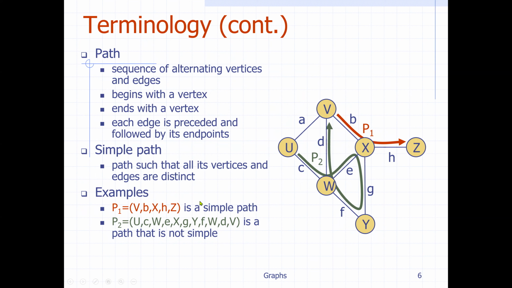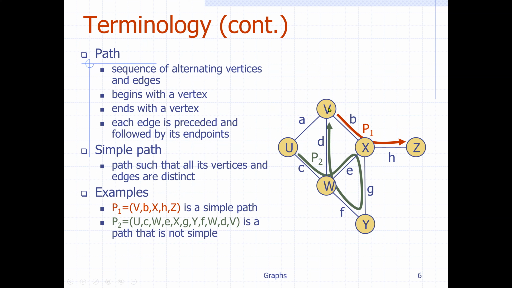So the next terminology is what is a path. A path is normally a sequence of alternating vertices and edges. A path will begin with one vertex and end at another vertex.